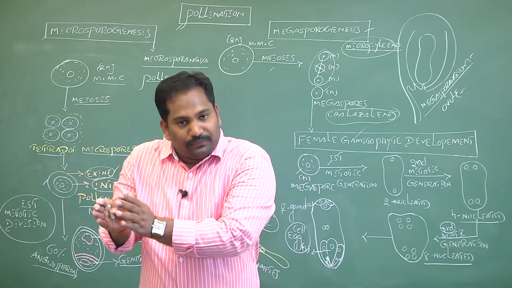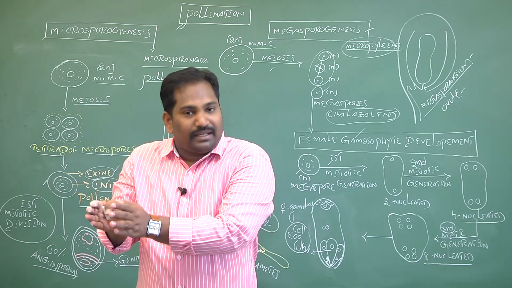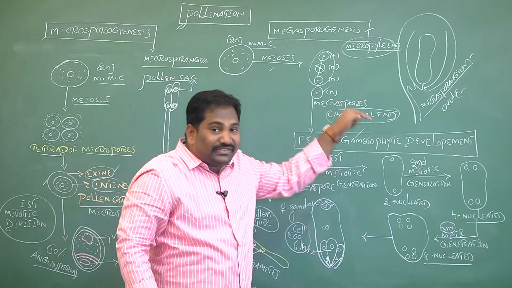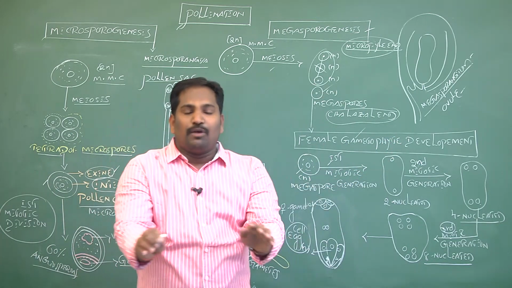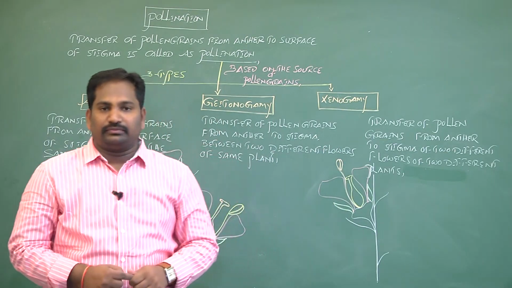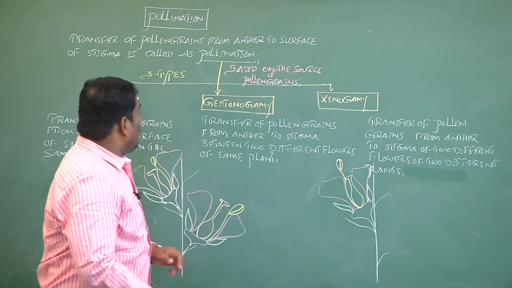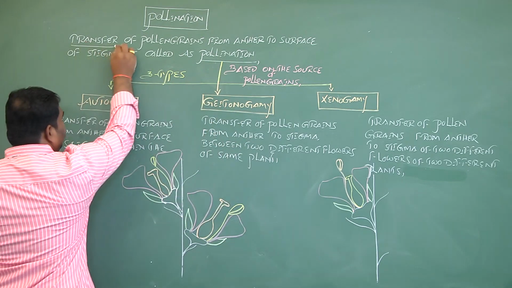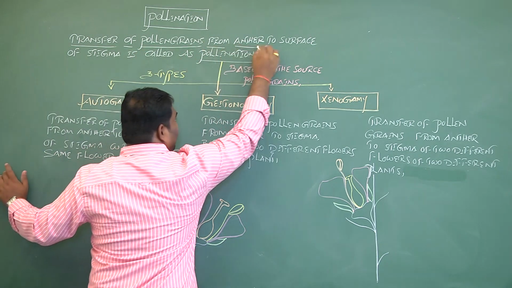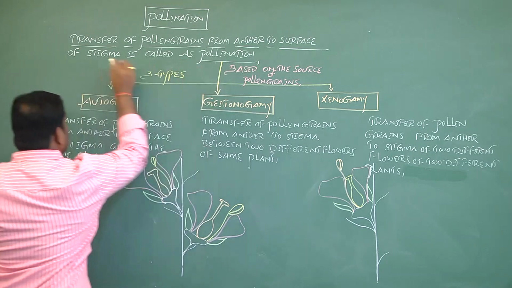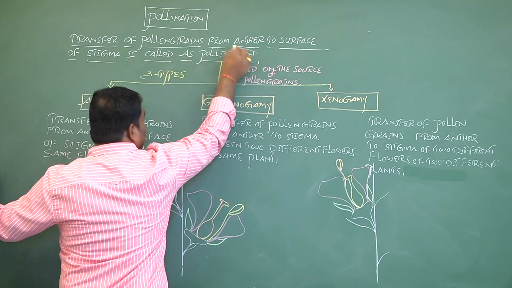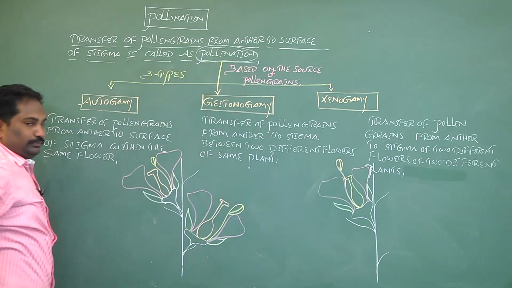The transfer of pollen grains from anther to the surface of stigma is called pollination.